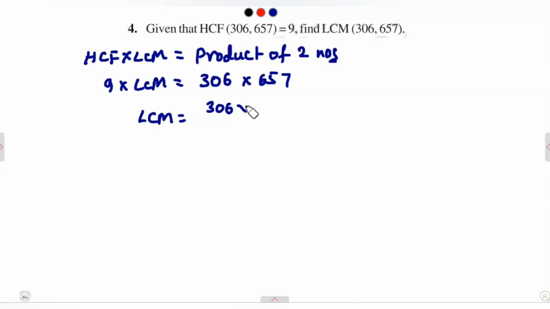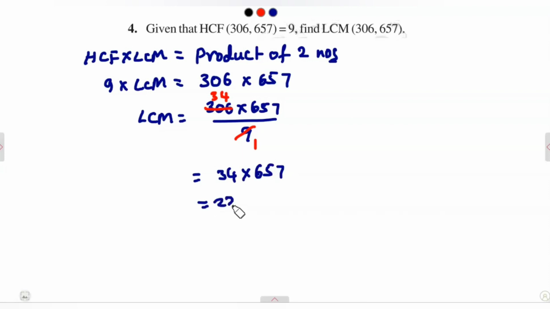Let's cancel. 9 table: 9 ones are 9, 9 threes are 27, remainder 3 and 36, 9 fours are 36. So LCM is equal to 34 into 657, which is equal to 22,338. This is the LCM of those two numbers.